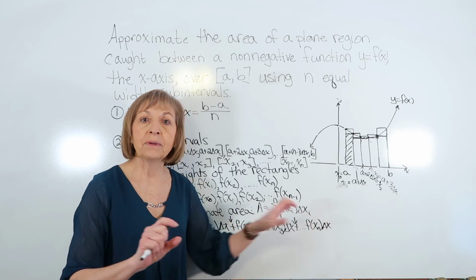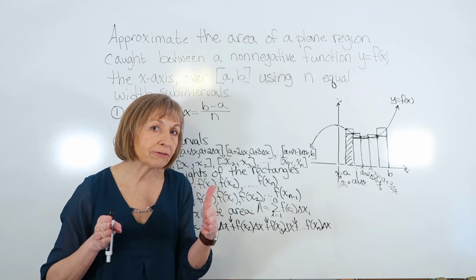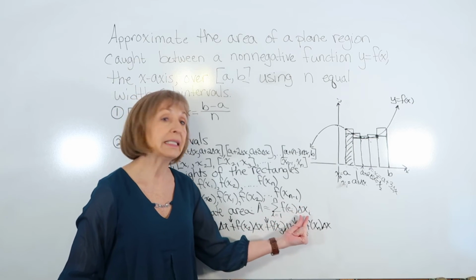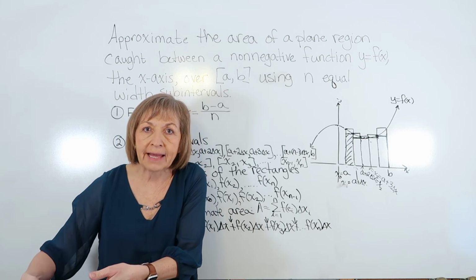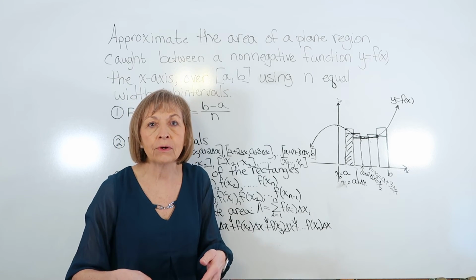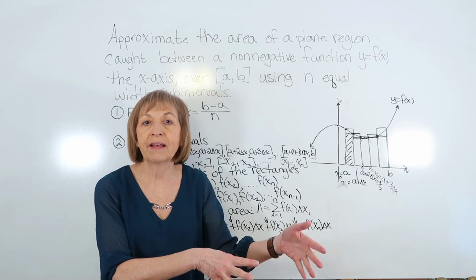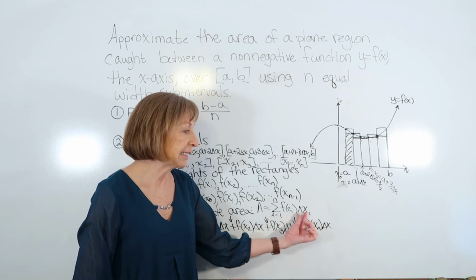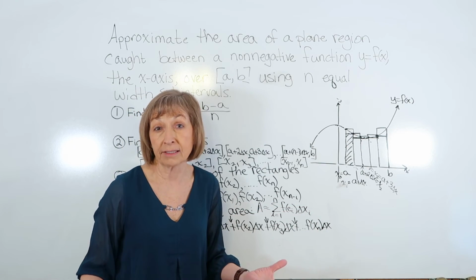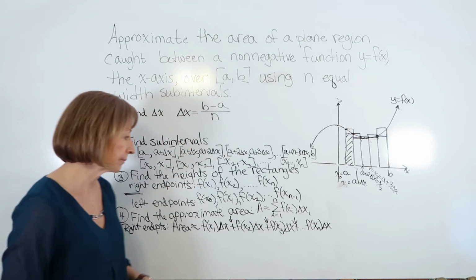But if you did pick different widths of your subintervals, then you would need the width that goes with that subinterval. So if one width was a half, and then another width was a third, and then another width was 5/8, etc., that would need to change by which one you're working with as you go across. So again, that's more general.